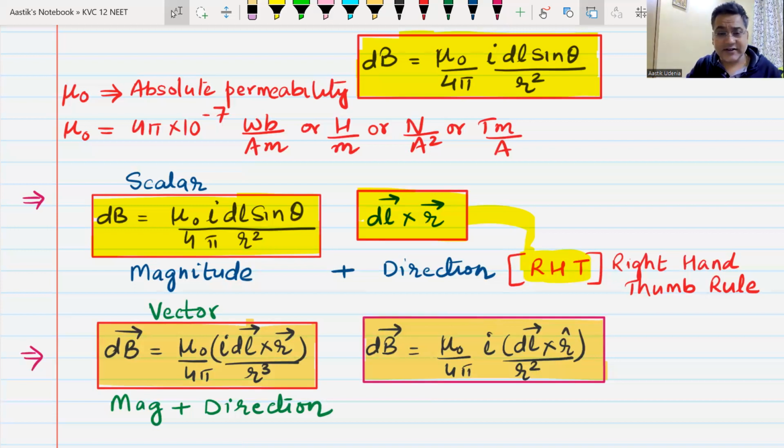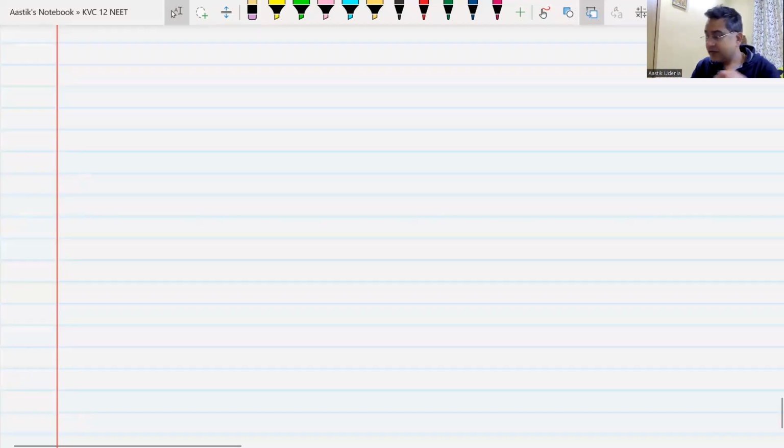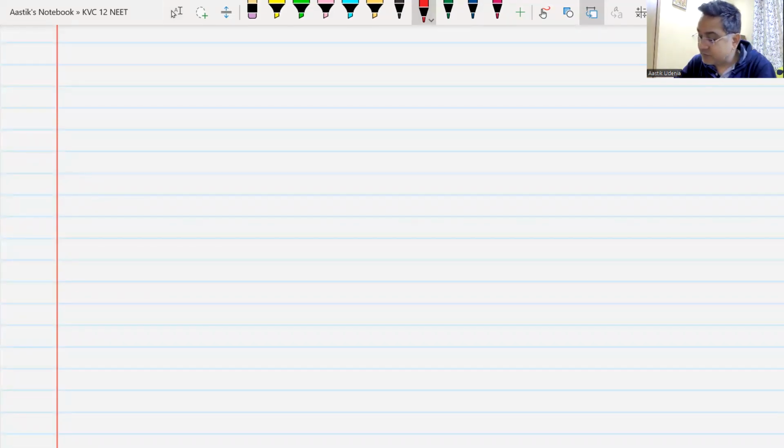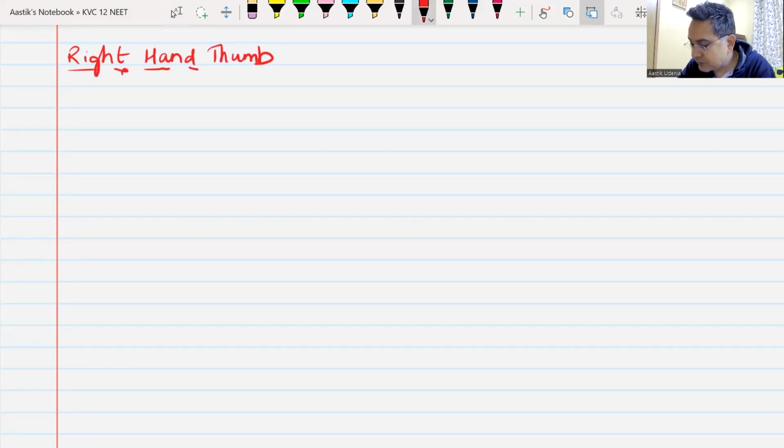Now, what is this right hand thumb rule? We will discuss it in detail in the next class, but I'll just give you a right hand thumb or right hand palm rule, whatever you call it. This rule gives you the direction of cross product of two vectors.